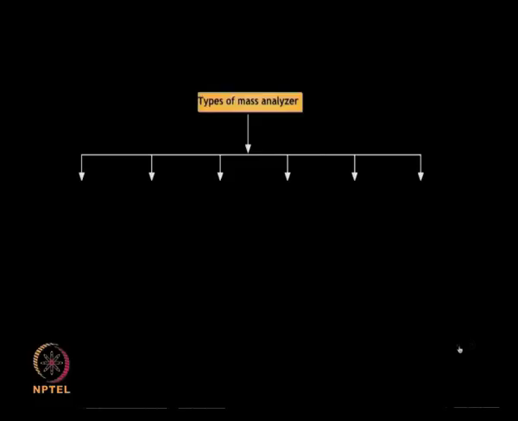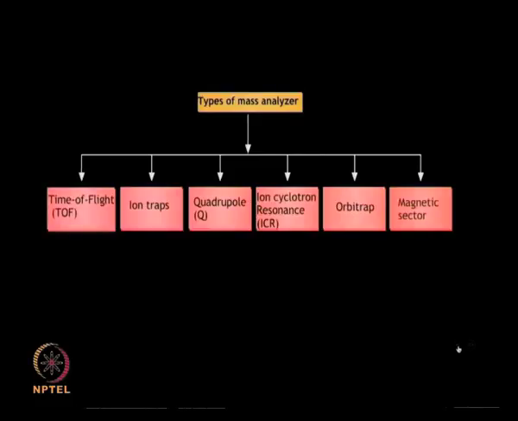Now, let us discuss mass analyzers. The mass analyzer resolves the ions produced by the ionization source on the basis of their mass to charge ratios. There are various characteristics such as resolving power, accuracy, mass range and speed, which determine the efficiency of these mass analyzers.